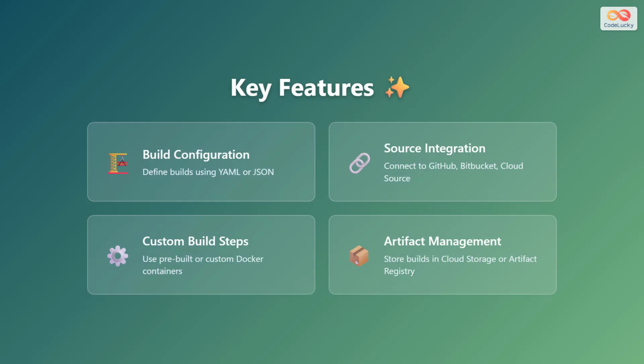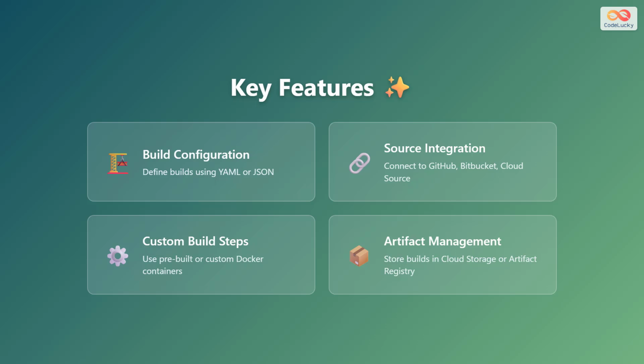Cloud Build comes with several powerful features that make continuous integration easy. First, build configuration allows you to define your entire build process using YAML or JSON files, giving you full control over each step. Second, source integration lets you connect Cloud Build directly to popular repositories like GitHub, Bitbucket, and Cloud Source Repositories, so builds can start automatically when code changes.